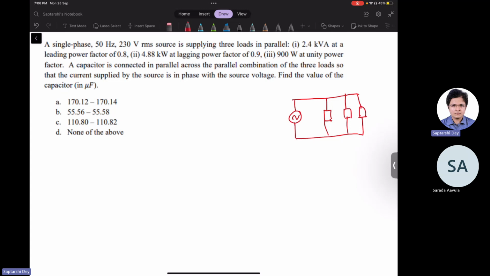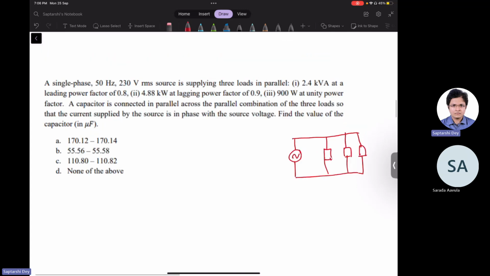There are three loads in parallel. Now, the question is, a capacitor is connected in parallel across the combination of the three loads so that the current supplied by the source is in phase with the source voltage. Find the value of the capacitor.